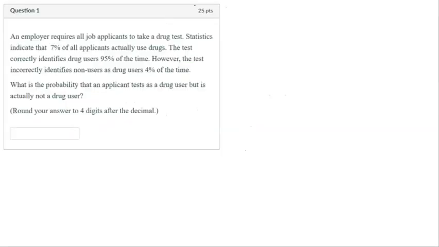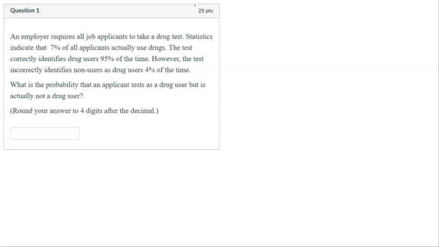It says, an employer requires all job applicants to take a drug test. Statistics indicate that 7% of all applicants actually use drugs. So 7% are drug users, and that means that 93% are not drug users.